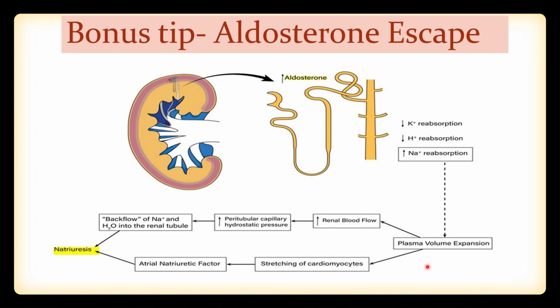And also this plasma volume expansion leads to increased renal blood flow and increased peritubular hydrostatic pressure, which also leads to natriuresis. So because of this, in spite of increase in aldosterone in primary hyperaldosteronism, the patient will not experience edema. So this is called aldosterone escape.